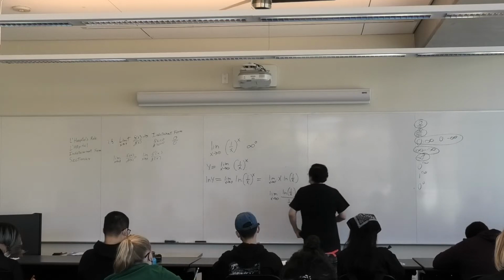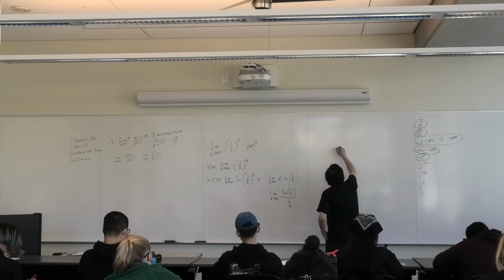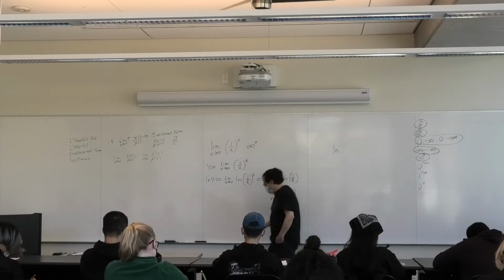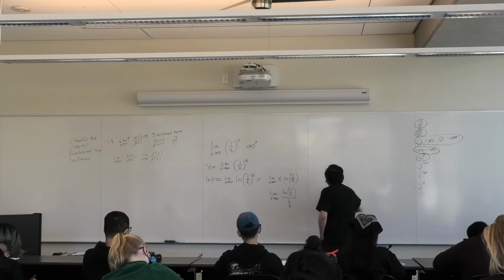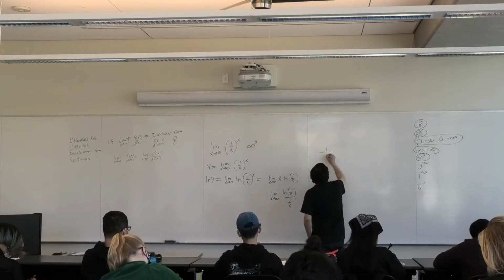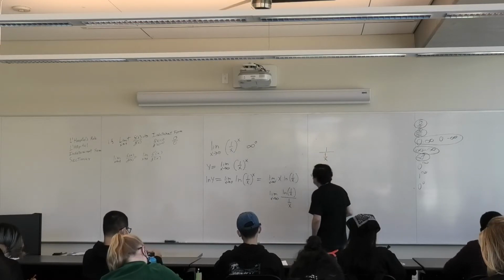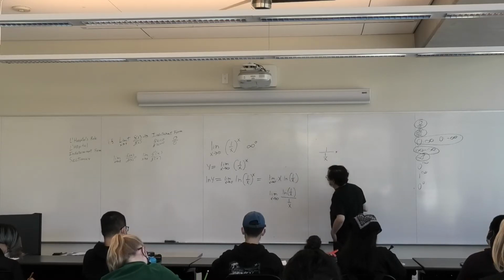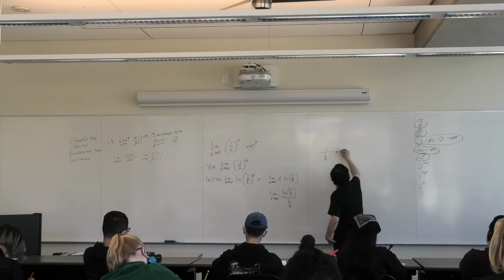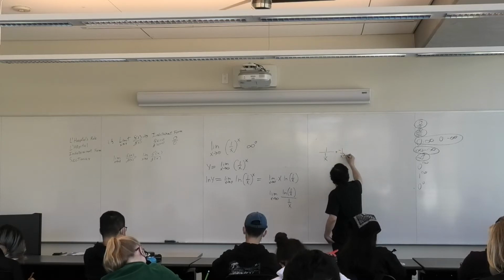Right? Derivative of the log of 1 over x, I need to rewrite that. That's going to be x times the derivative of 1 over x. Well, that's going to be negative 1 over x squared.